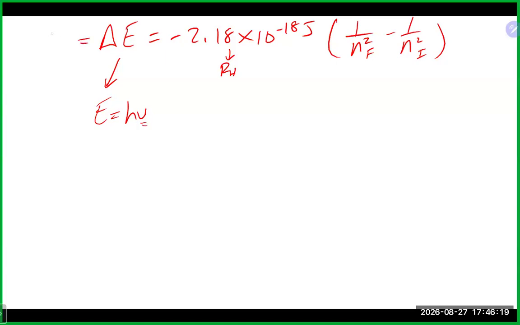So this is equal to h times v, or the frequency. And this is still the hc over the wavelength, which means if you have that energy level transition, you can tie that to our wavelength version of it and figure out the wavelength of energy or light that's coming off as this electron is doing this transition.